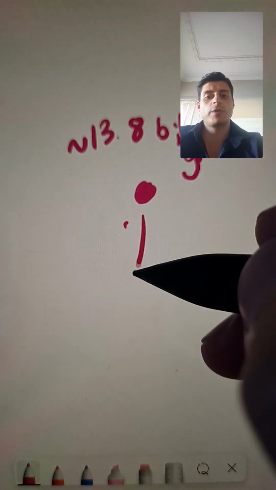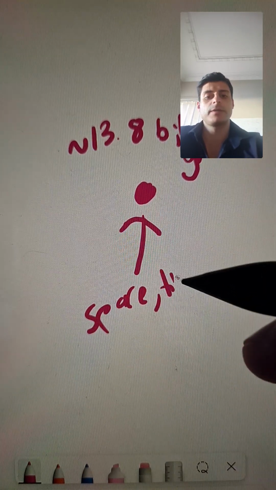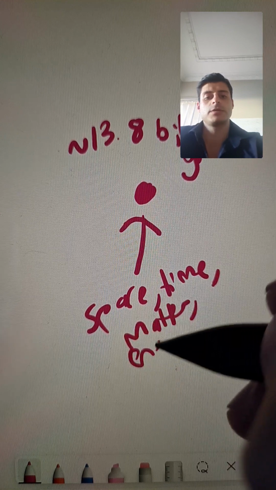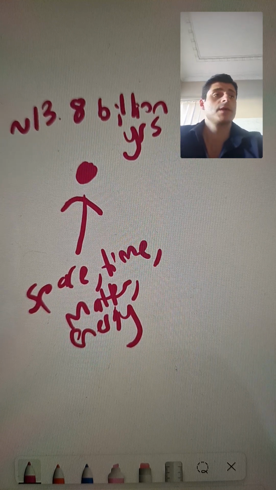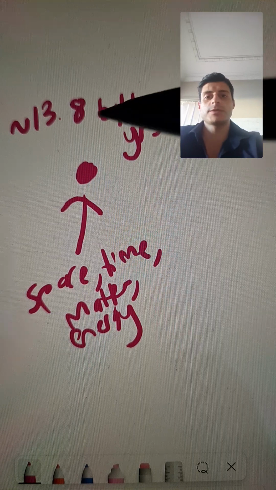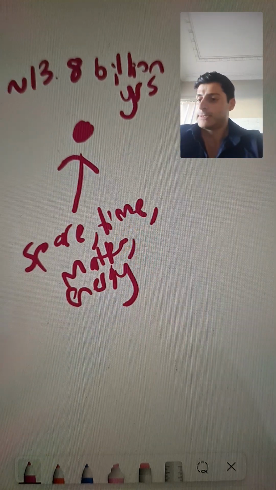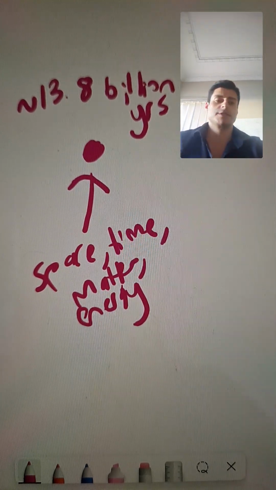So at this point, all of space, time, matter, and energy was once contained. Even the idea of space becomes warped because, by definition, what's actually around the singularity? That's another question there. And the temperature of the universe, now, this is just an estimate.